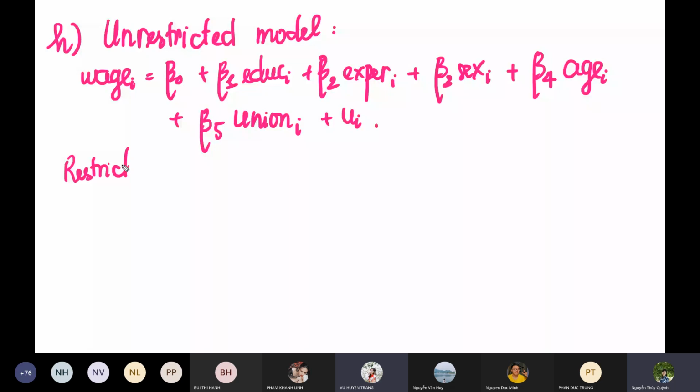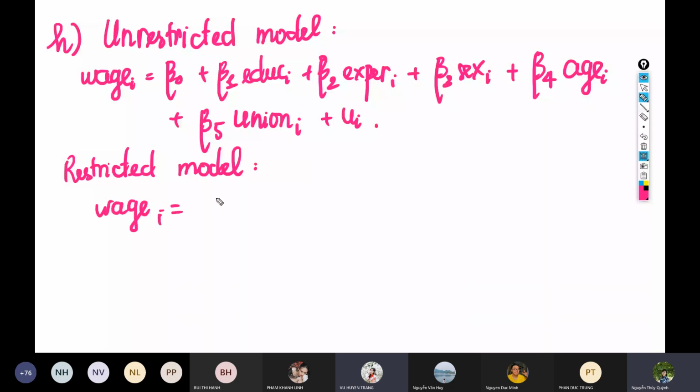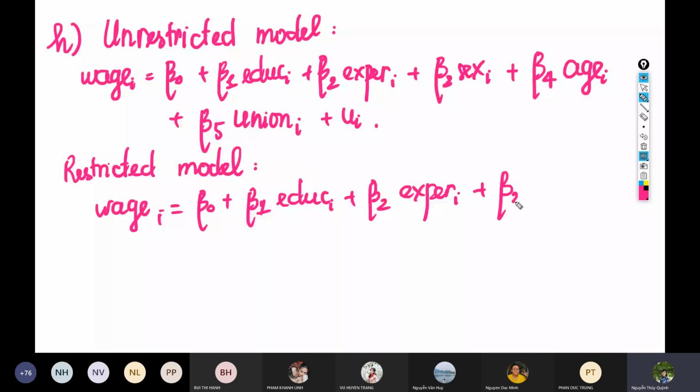Now what about the restricted model? We have wage equals beta 0, the original model, plus beta 1 education plus beta 2 experience plus beta 3 sex, plus u_i. This is the restricted model and unrestricted model.